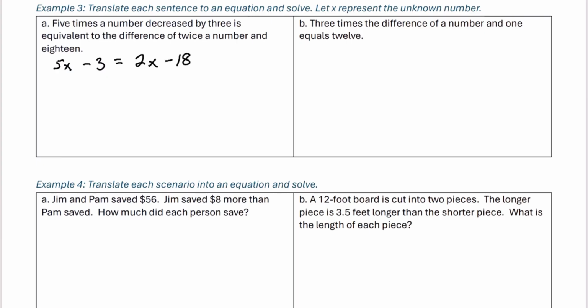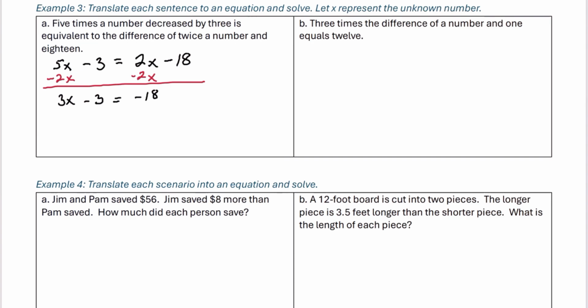Once we have the setup, we can start solving. Notice that we have terms that contain an x on both sides of the equal sign. We need to put them all on one side. It doesn't matter which side we put the x on, but I like it on the left. So I'm going to subtract 2x on both sides. We now have 3x minus 3 equals negative 18.